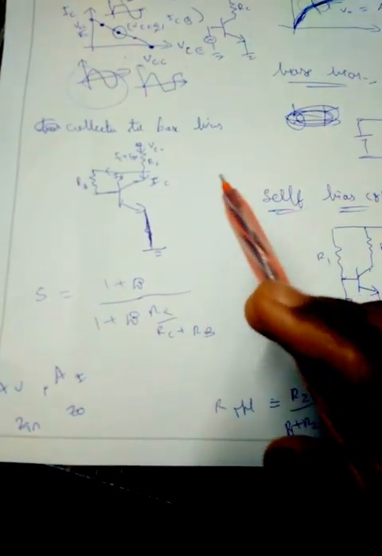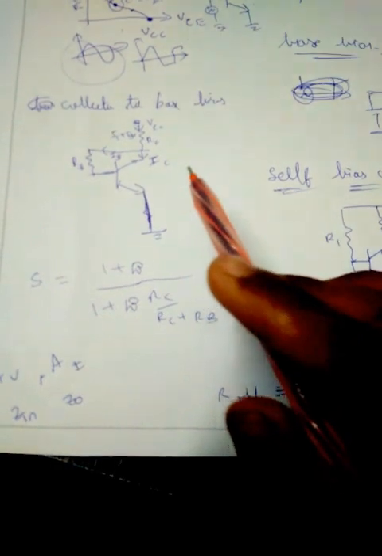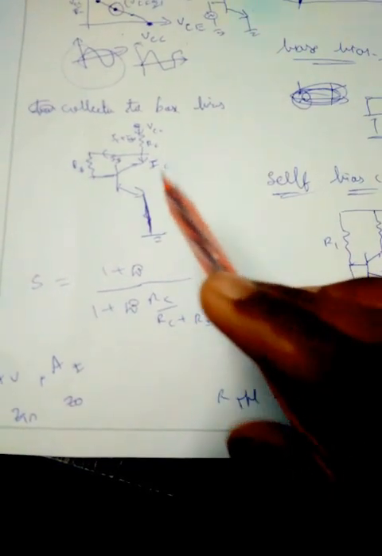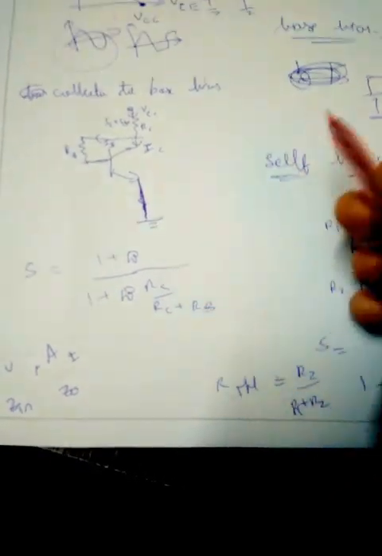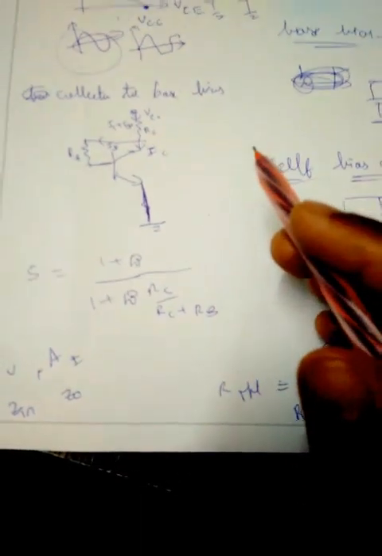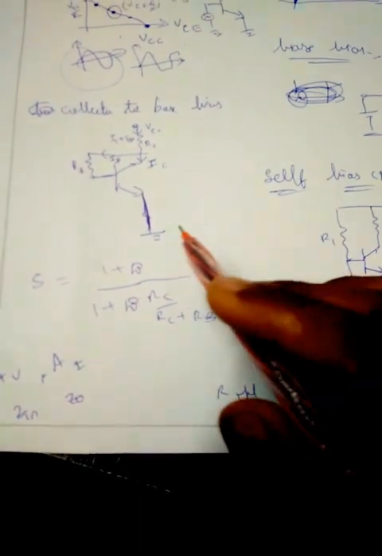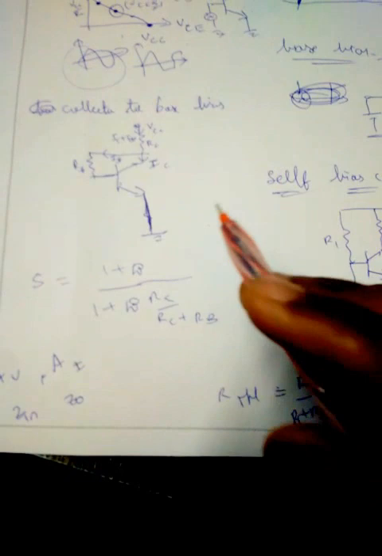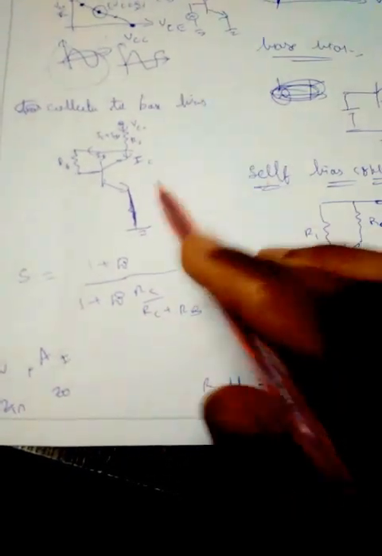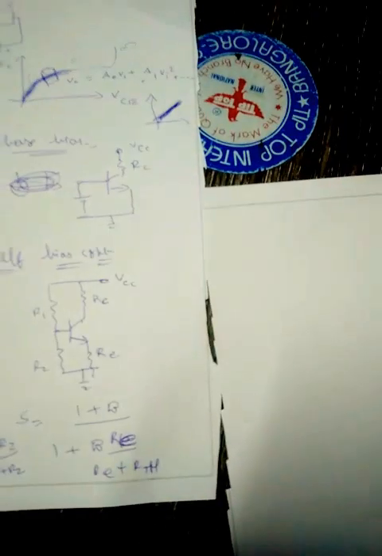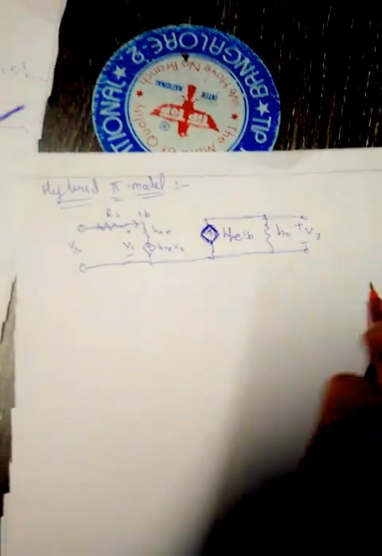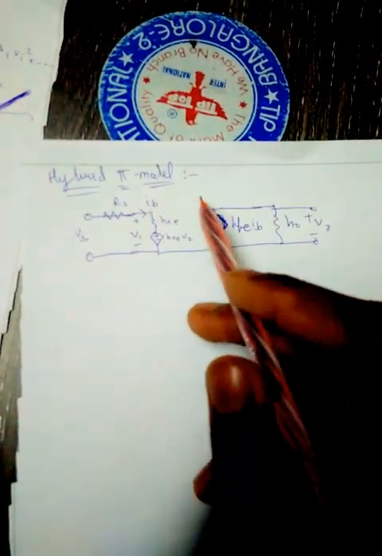There are very many equivalent circuits, or AC equivalent circuits, of a transistor at small signal, at high frequency and at low frequency. We will first consider the low frequency equivalent of a transistor. Here I have drawn a hybrid pi model.